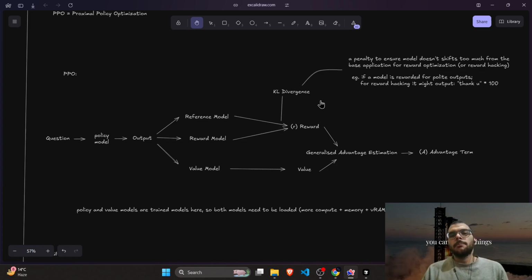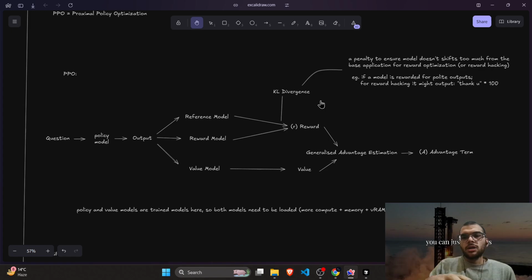KL divergence is basically a penalty which ensures that the model is not diverging heavily from its distribution. When a model outputs something, there is a distribution chart, and the model should not diverge a lot from what it was meant to do.